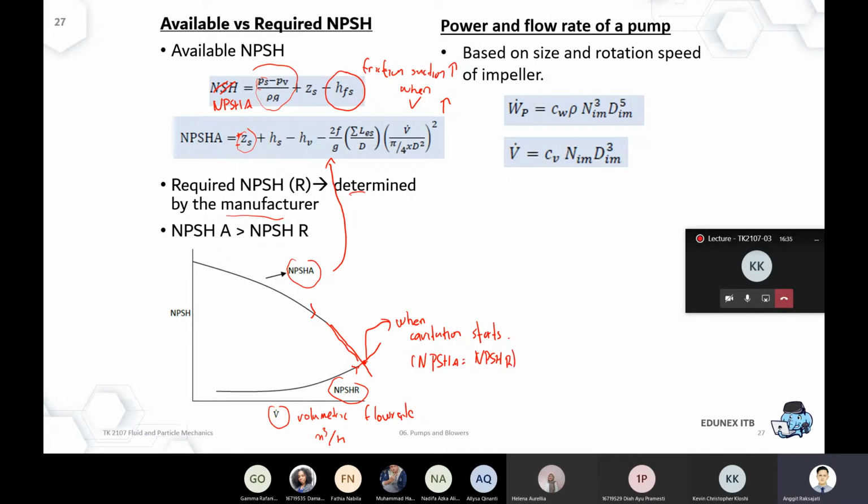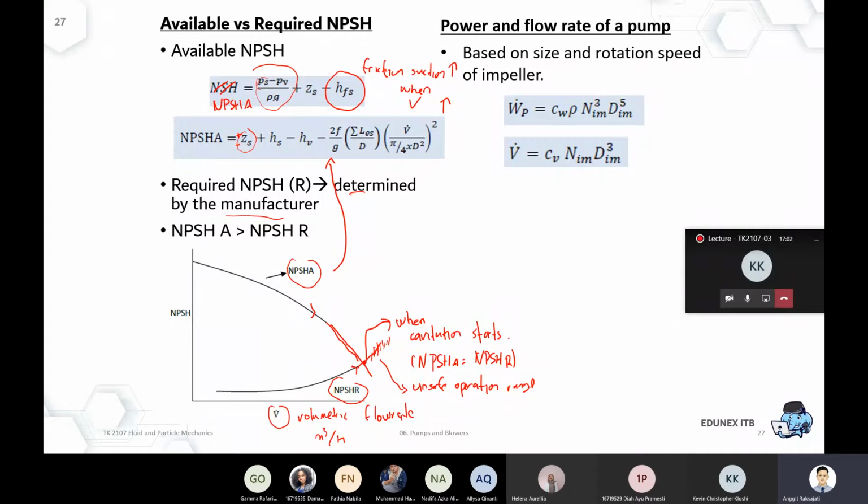So that's the start of the cavitation, and of course beyond that line is the unsafe operation range. Okay, that's the unsafe operation range because the vaporization will occur even more at those points. So it's not a safe operation for the pump.